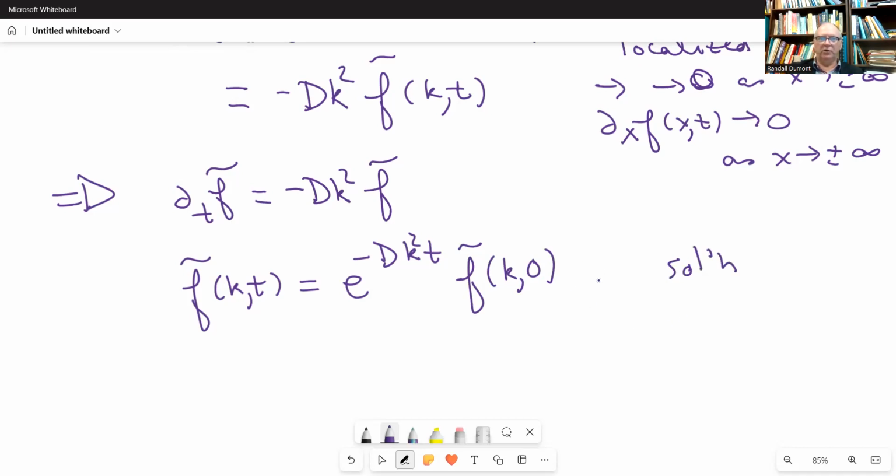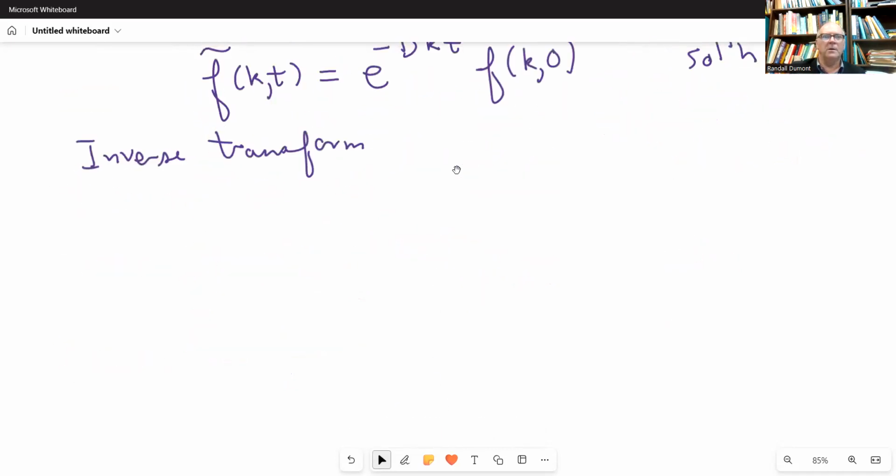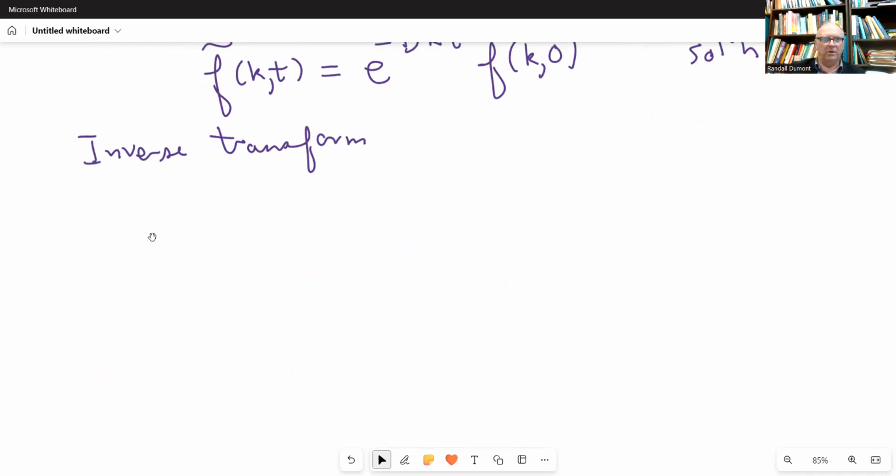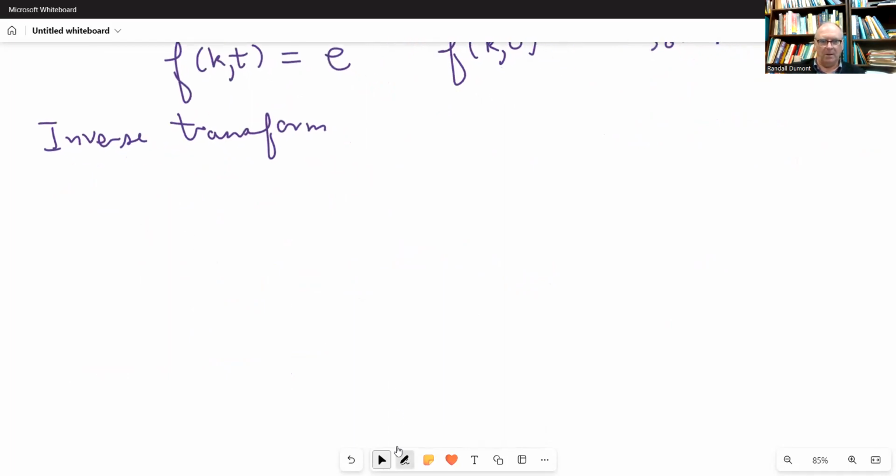To first order, it's its initial value. There you go, solution. So now inverse transform to get it in x space. So we have f of x, 0 equal to, for the inverse transform, we have the same normalization.